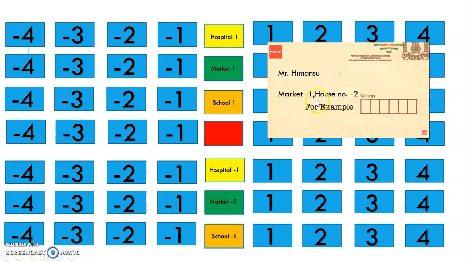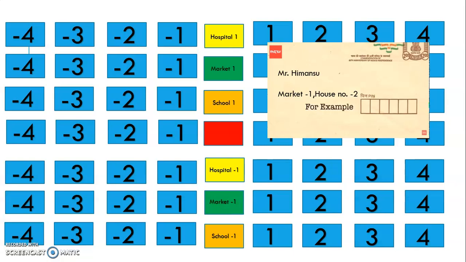Let's say Mr. Himanshu, market -1, house number -2. So first, what does the postman have to do? He'll have to look at which row he should go to. Okay, the postman looks first at market -1. So he starts from the post office, he comes down 2 blocks because market -1 is 2 blocks below the post office.